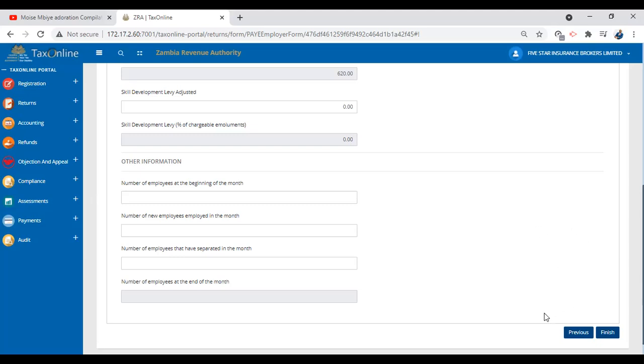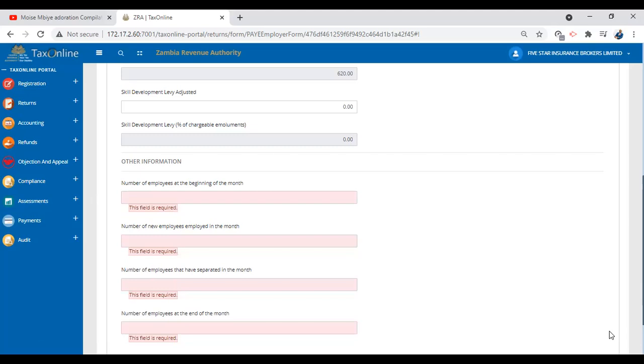So at that particular point, we can now say finish. There is a button in the corner which says finish. So it reminds us to say this information has to be filled in.